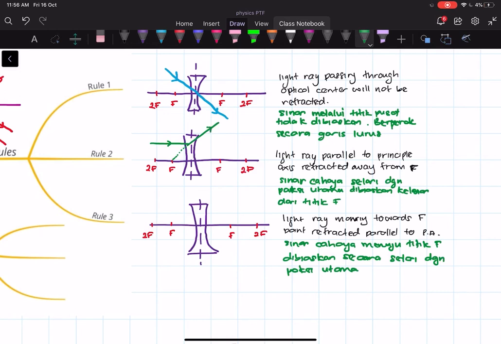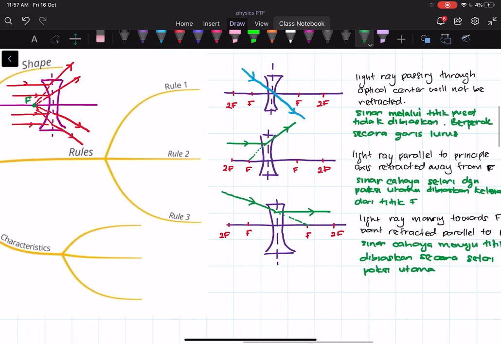And rule number 3 says sinar cahaya yang seolah-olah diarahkan ke arah F, if the light ray is as though pointed towards F, then this light ray will be refracted parallel to principal axis. So these are the 3 rules related to the lens that we are learning now. Okay, now by using these 3 rules, let's draw a ray diagram. So for that, let's look at how a ray diagram looks like.